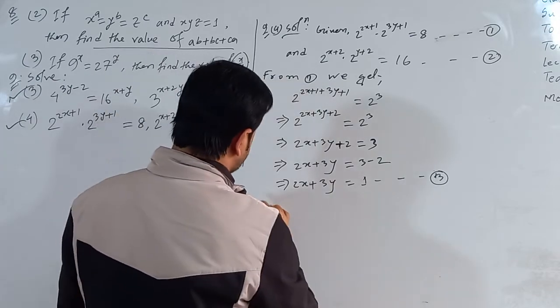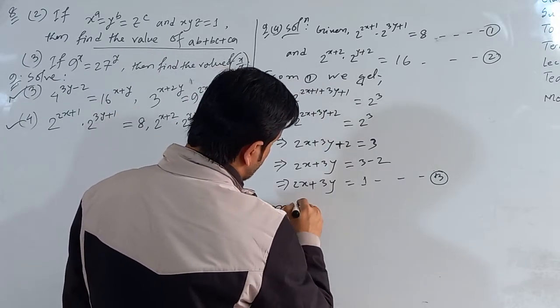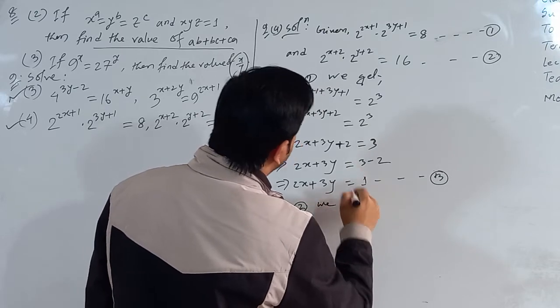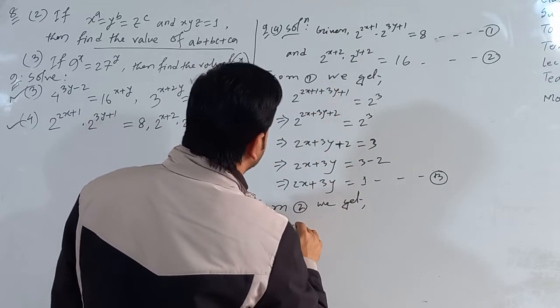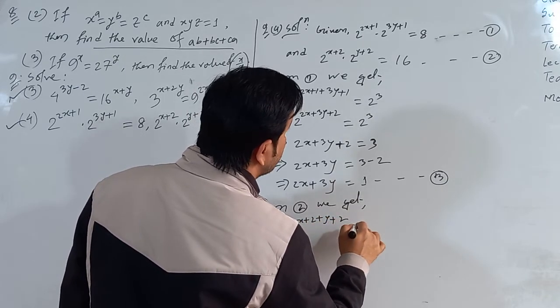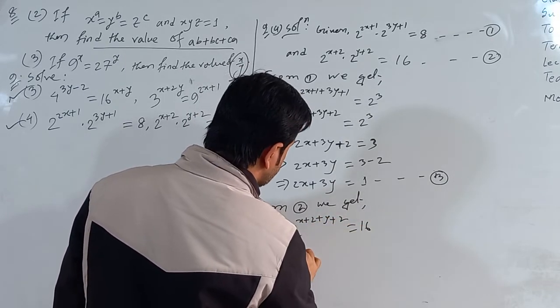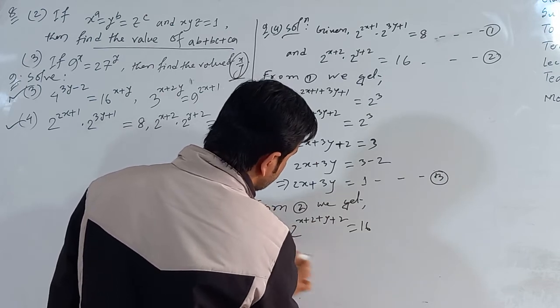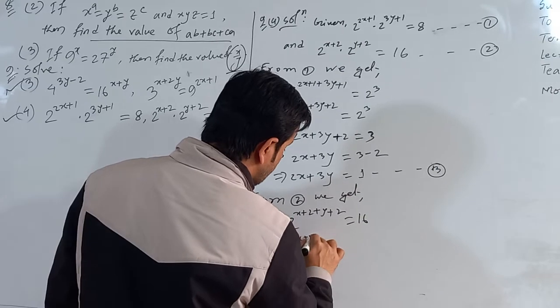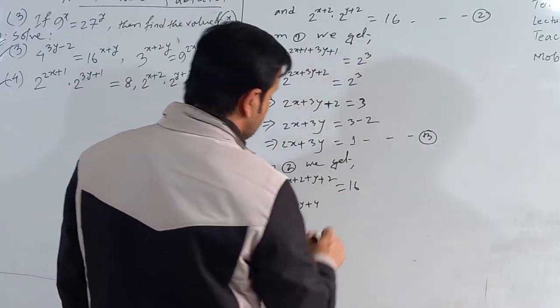Okay dear students, now I am going to equation 2. From 2 we get, what will we get from 2? Equation 2 is 2 to the power x plus 2 plus y plus 2, that is equal to 16. That implies 2 to the power x plus y plus 4.